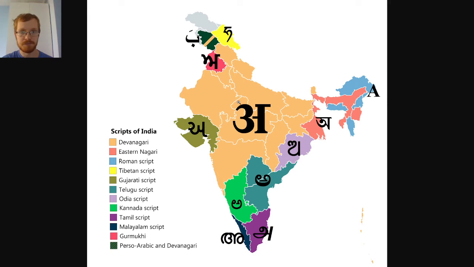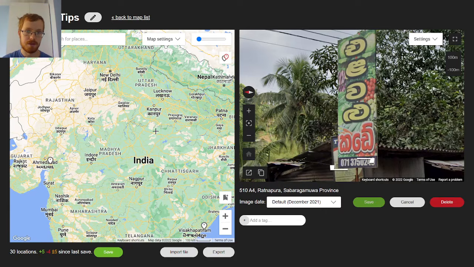Punjabi and Bengali are also very similar, in the sense that they have the bar going above the text, which you don't get in the south. So on this map you can see the bar going above the text in the North Indian place names.